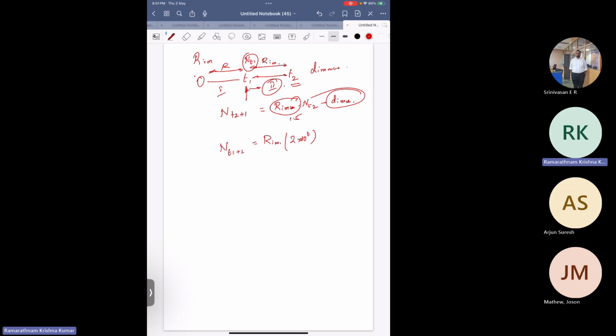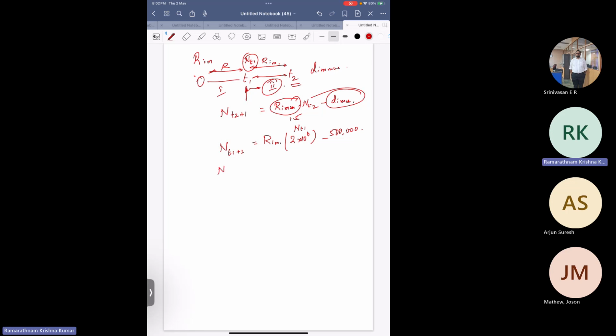Minus T immune, 500,000. This is the formula.